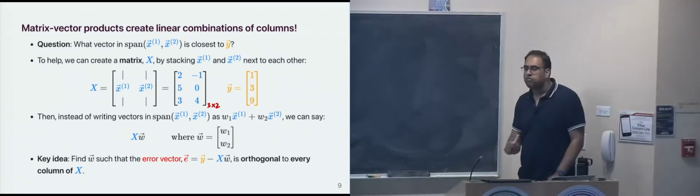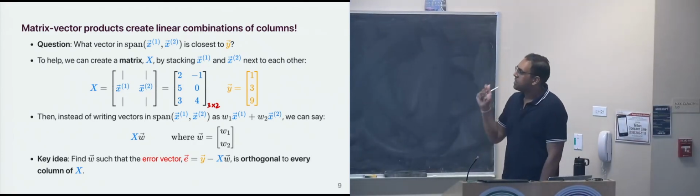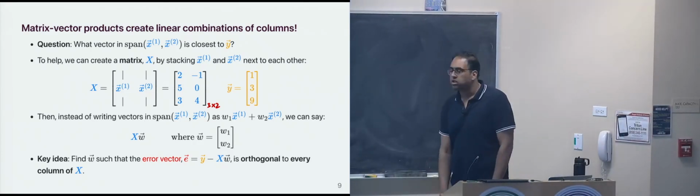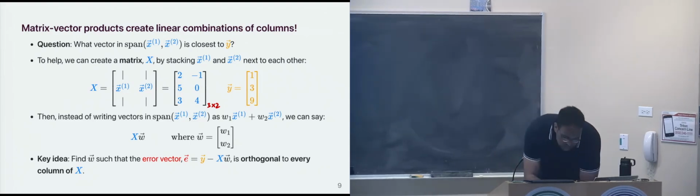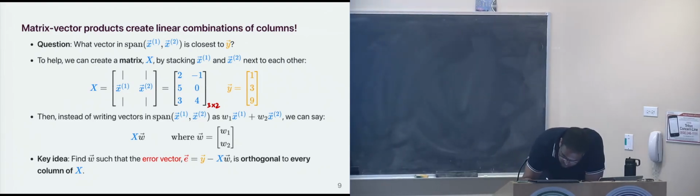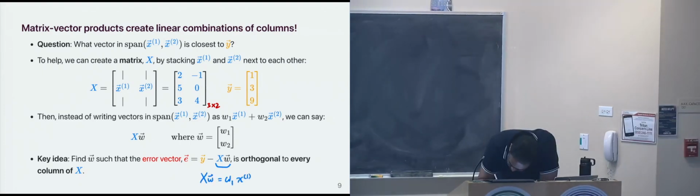That's still my goal. Find the w's that make the error vector orthogonal to every column of X. And just to really drive home this point, Xw is just the new w1 x1 plus w2 x2.